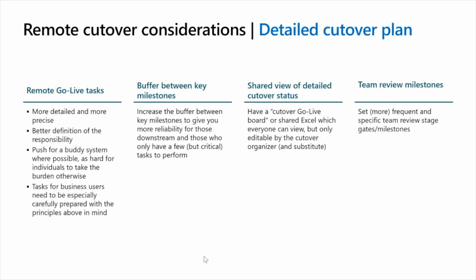When you get a remote cutover, it's even more important that the steps are detailed and precise, right? You've got to have a better definition of responsibility, because you can't just chat to each other over a desk. Push for a buddy system where possible, because it's very often very helpful, especially for critical tasks. When one person is doing the task, somebody's checking, right? So two people who could do it.